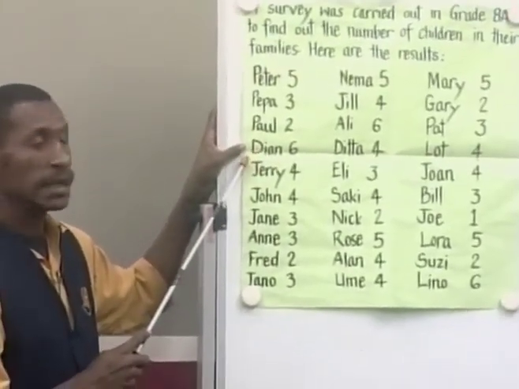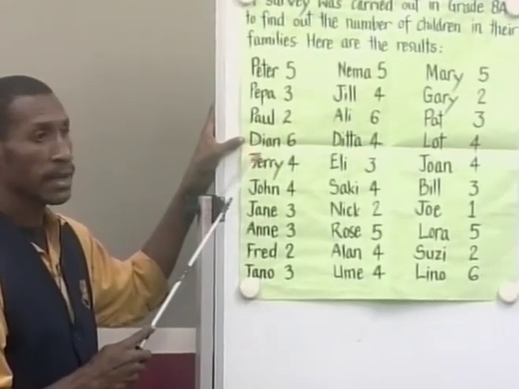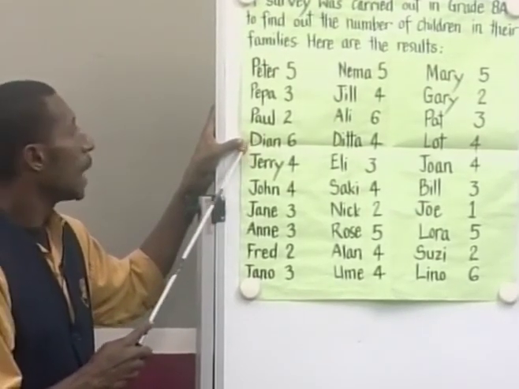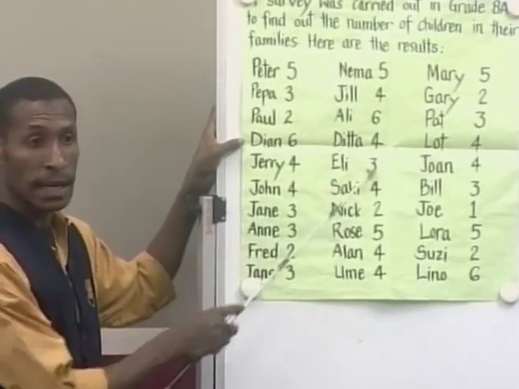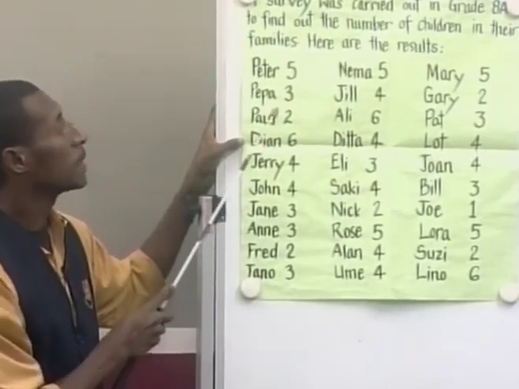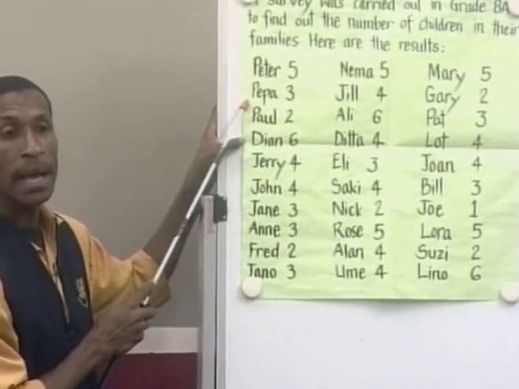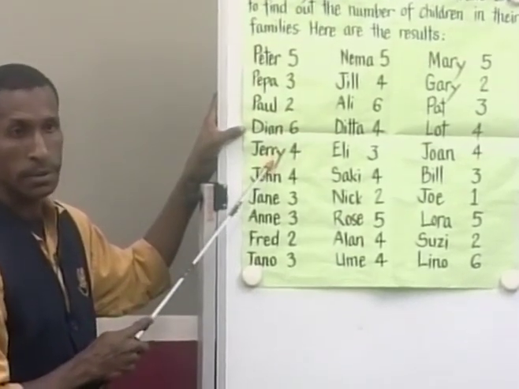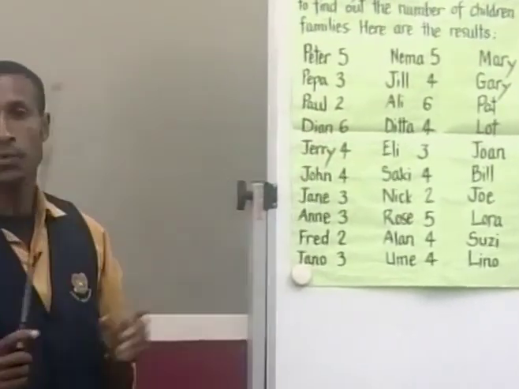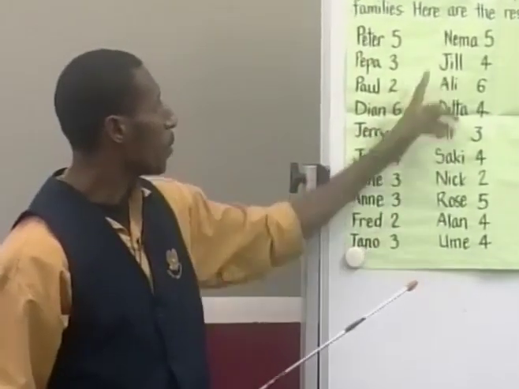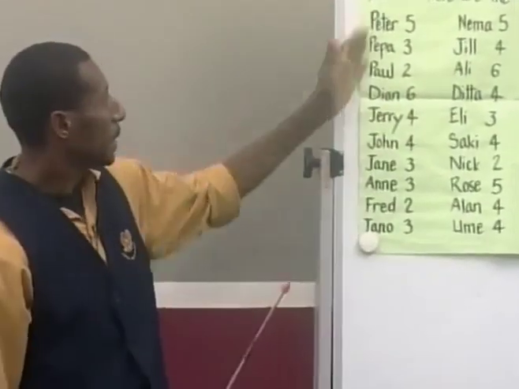This data that has been collected in grade 8A, I would like you to use this data and find the range and mode. So I'd like you to do that. Find the range and mode of this data here.